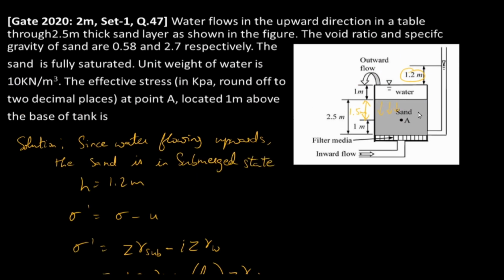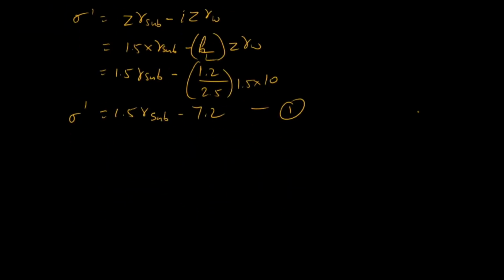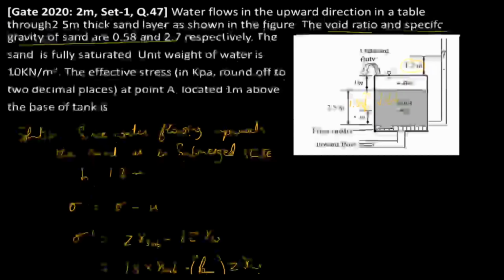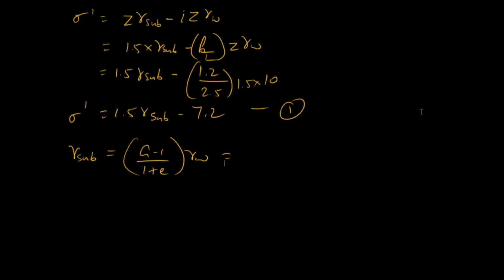If you see the question, they have given the void ratio and specific gravity of sand. So with this, we need to calculate the submerged unit weight. From the functional relationship, we know that gamma submerged is equal to G minus 1 by 1 plus e, into gamma W, where G is 2.7 and e they have given as 0.58. So 2.7 minus 1 by 1 plus 0.58, gamma W is 10.